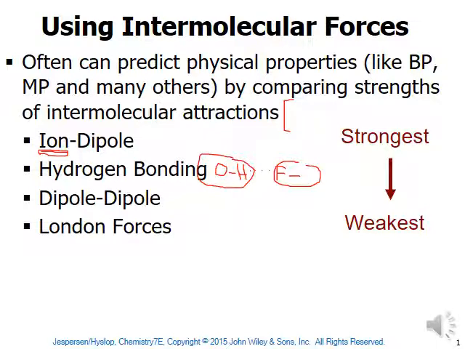And then finally, London dispersion forces, which are temporary dipoles that are formed instantaneously, and they're induced. The way you can induce them is by increasing the number of particles, increasing their surface area, increasing pressure, and decreasing temperature.